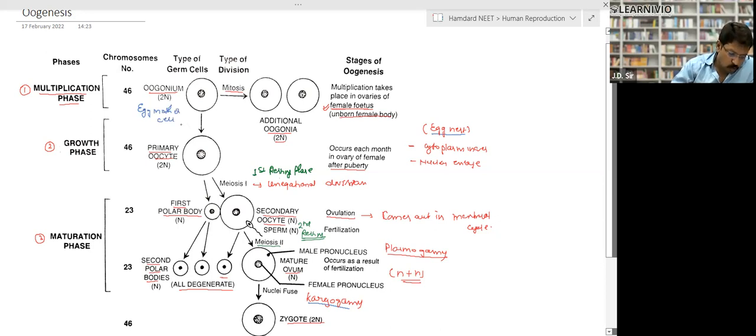These are called oogonium or egg mother cell in ovary. Full stop.